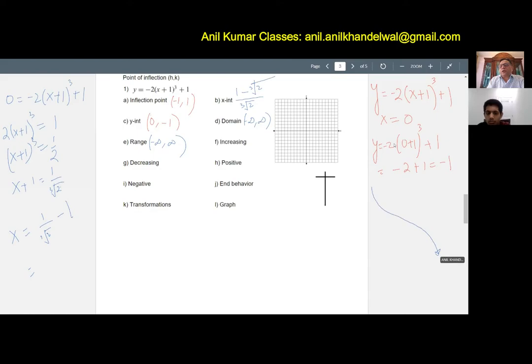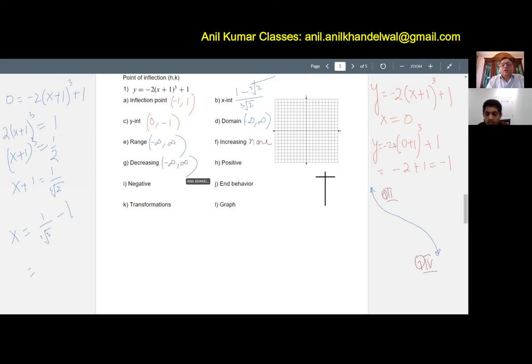It is going from quadrant 2 to quadrant 4. So you can see all throughout it is actually decreasing. So it is never increasing, right? So increasing, none, never. And decreasing from minus infinity to infinity, right?